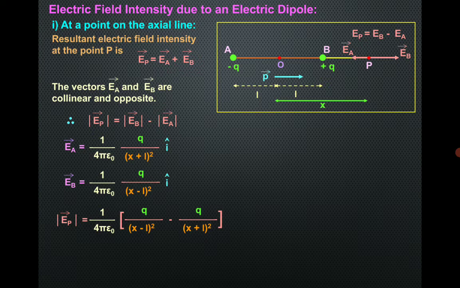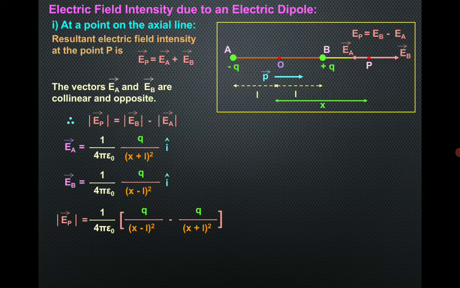Vector EA is 1 upon 4 pi epsilon naught Q upon (x plus L) whole square. You can see EA is the electric field intensity due to the charge at A. The distance from A to P is x plus L, and the distance from B to P is x minus L, and the magnitude of the charges is Q only.